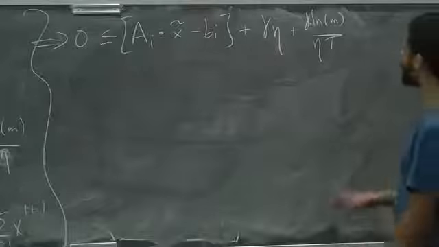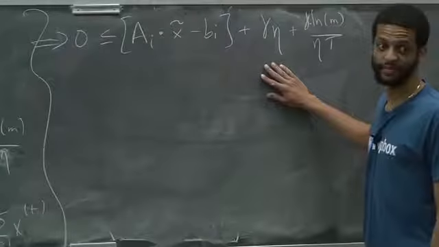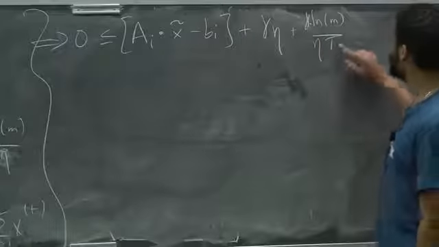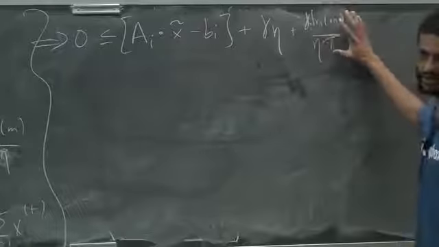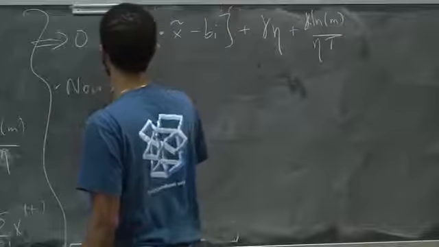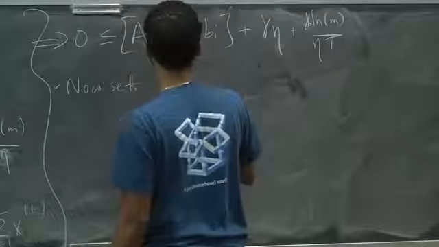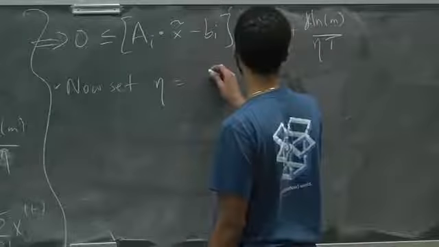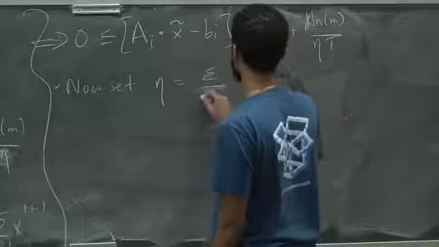Now I can set eta to be whatever I want. So I'm going to set eta to make this at most epsilon over 2. And then I'm going to set t to make this at most epsilon over 2. So now set eta to be, I guess, epsilon over 2 gamma.